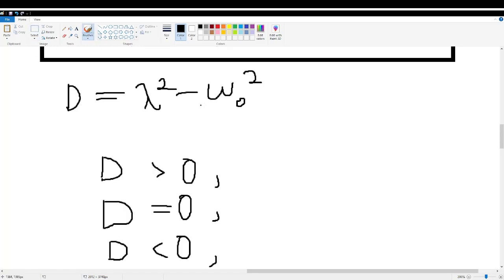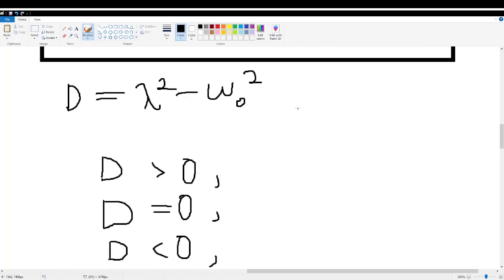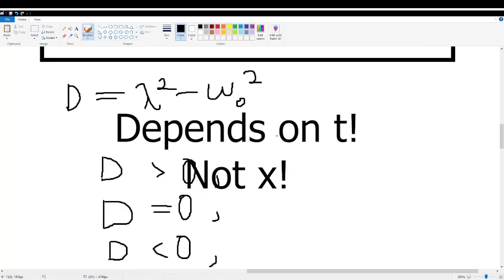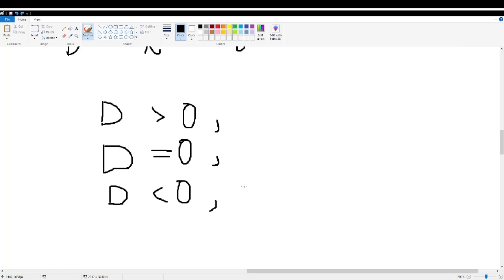So we know that this number is just going to be like a sine and cosine with a coefficient out the front, which depends on x. So in reality, it's going to be a sine and cosine decaying over time. So this leads us to believe that this is going to be the underdamped case.